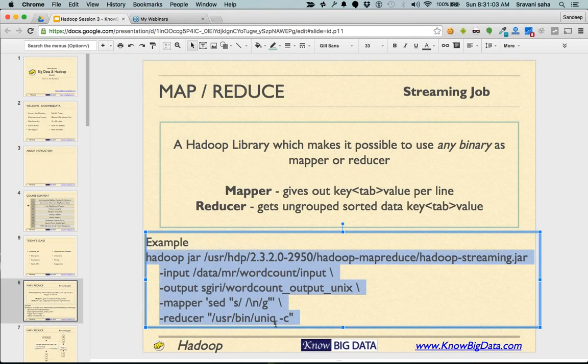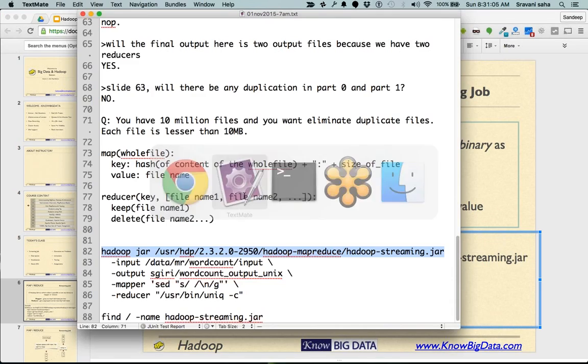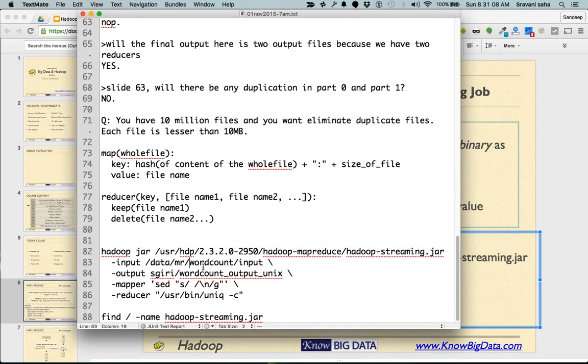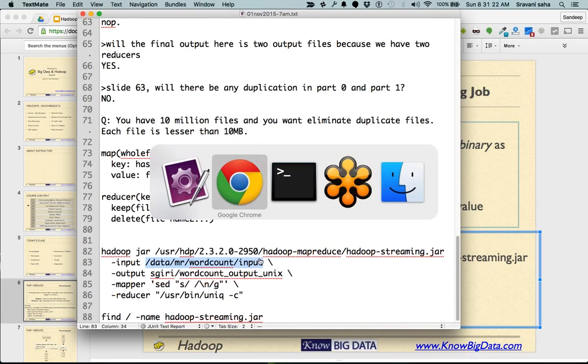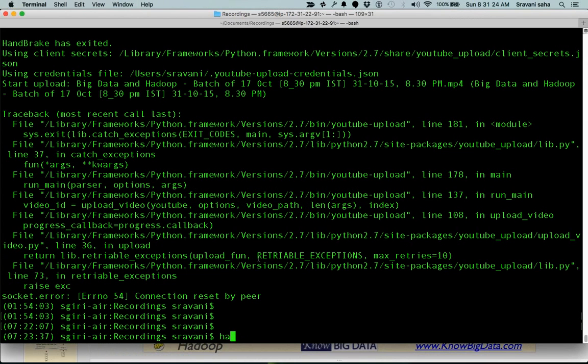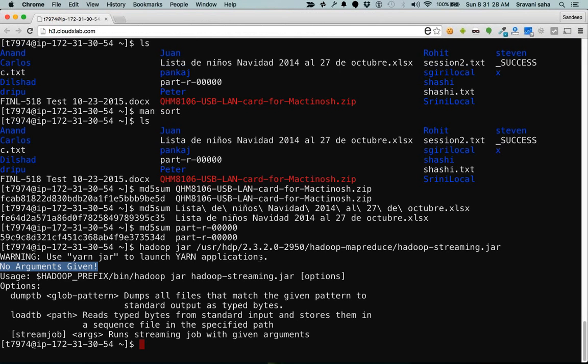All right. Now let's try to run it properly. This Hadoop job will take our input directory from here, and you can see that this is an HDFS file. You can go into Hue and check, or you could say hadoop fs -ls this.